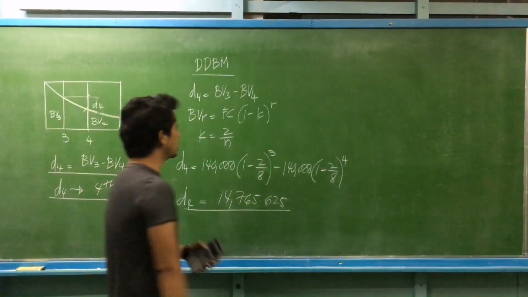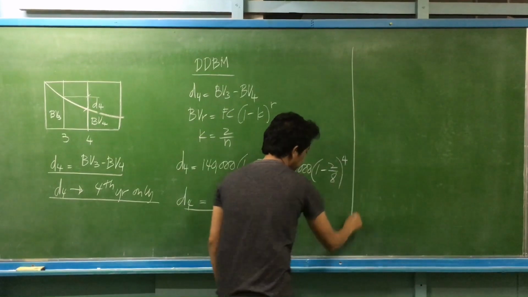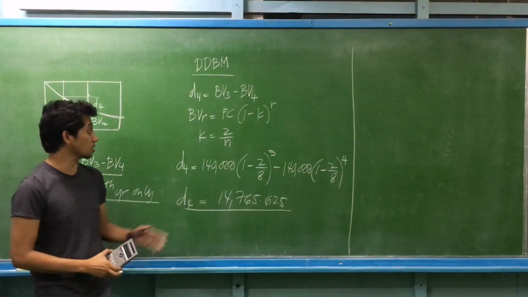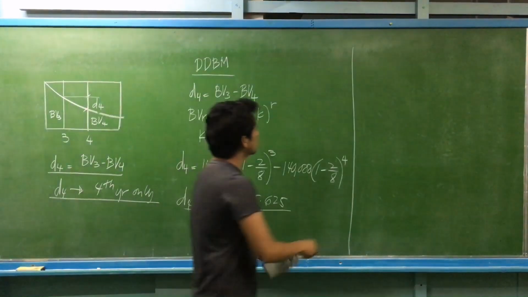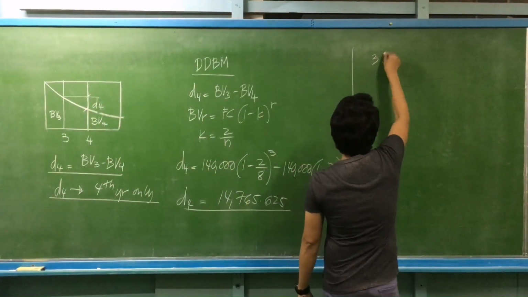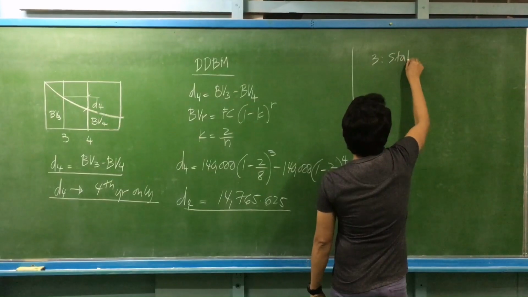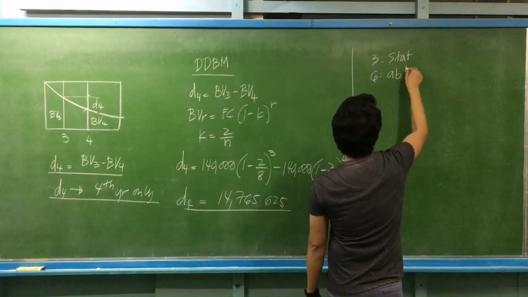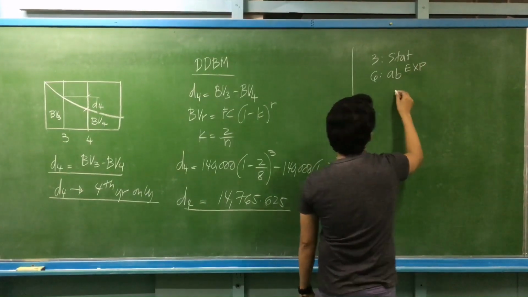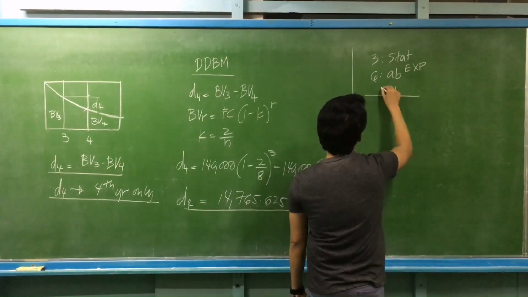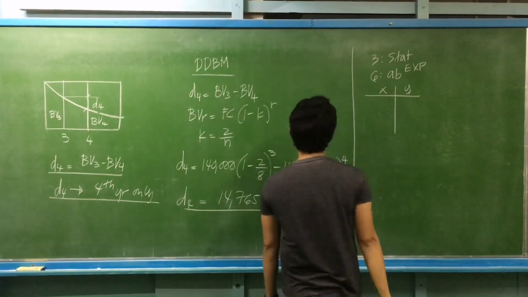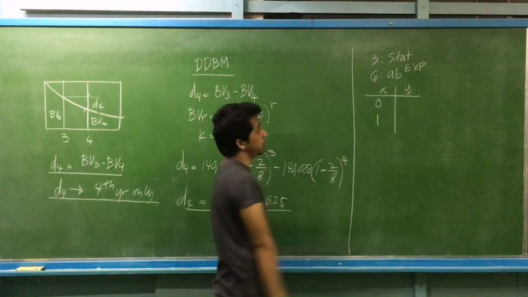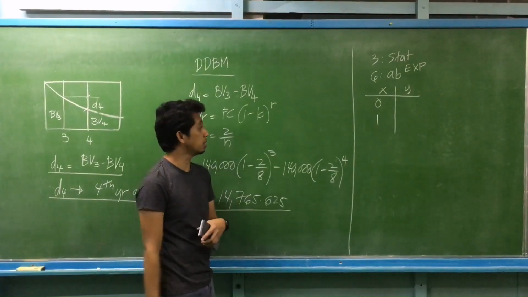May calculator technique naman ito, pero hindi ko masyadong ma-appreciate kasi yung calculator technique niya is the same lang sa formula. This is the same as mode 3 stat, doon tayo sa number 6, yung may AB, EXP. So lalabas yung columns natin for X and Y. Lagay natin dito yung 0, tapos huwag nyo nilalagay yung N, ang lagay nyo is 1.